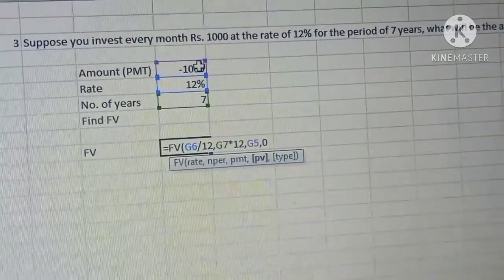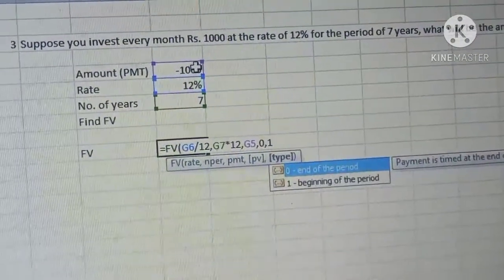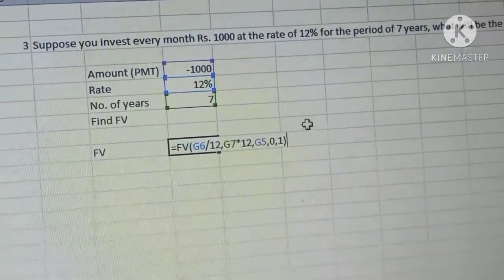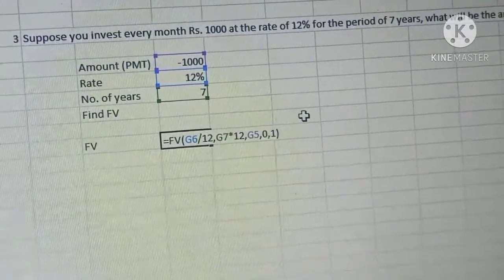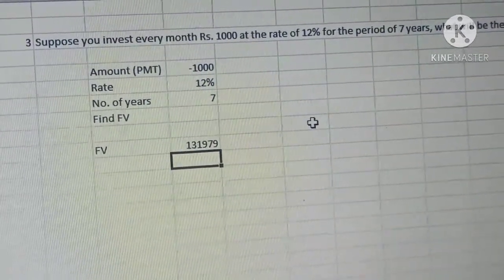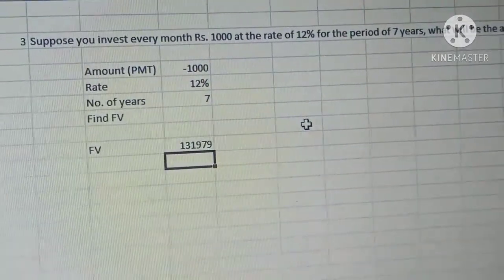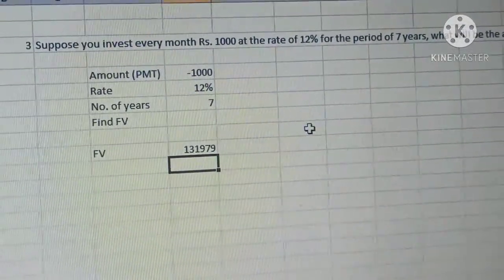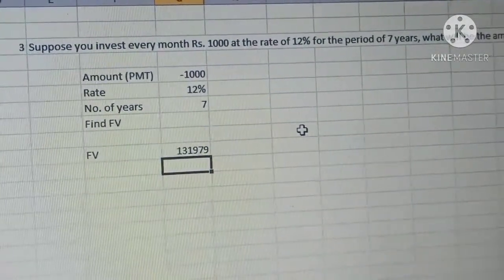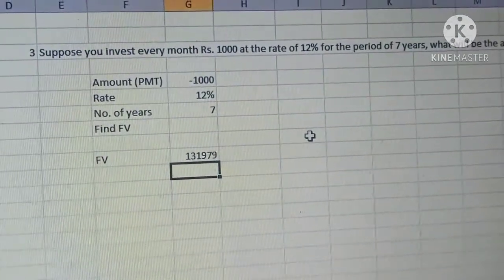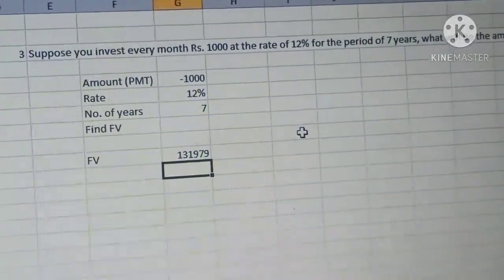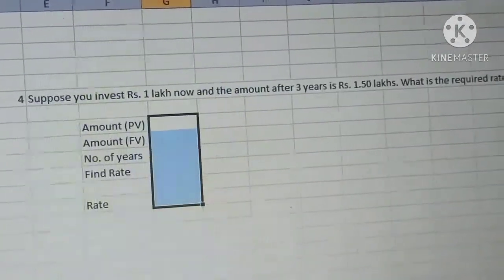PV is 0 because the amount is not invested right now in lump sum. It's been investing every month and it's in the begin mode. So the value is 1,31,000. If every month you invest 1000 rupees, the amount is going out, so it's minus, at the rate of 12% for 7 years, then the value would be 1,31,000, your future value.